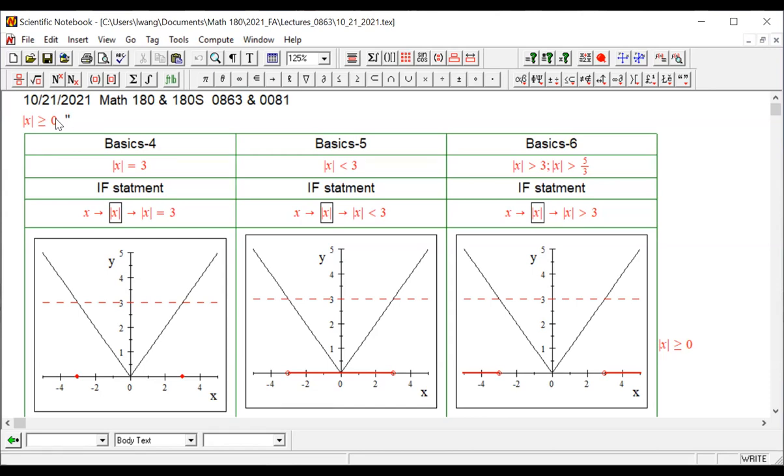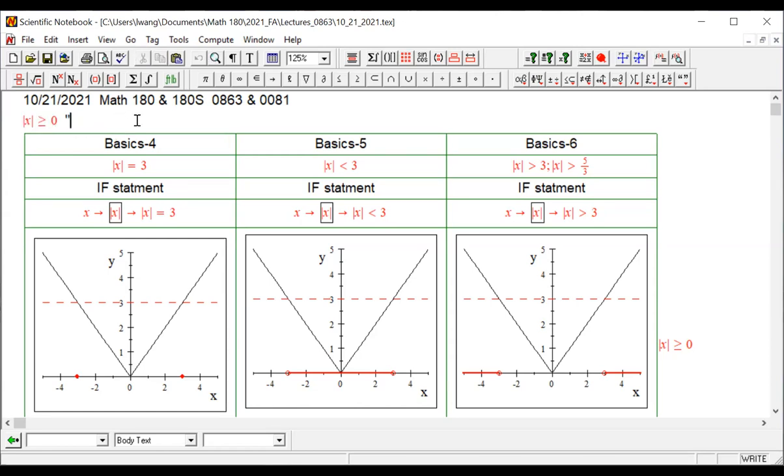And what's important is to realize if that is true, its opposite will never be true. So this is a very, very important inequality here.